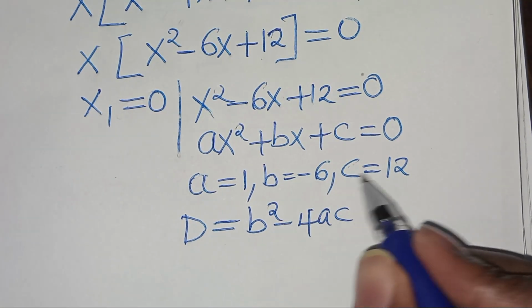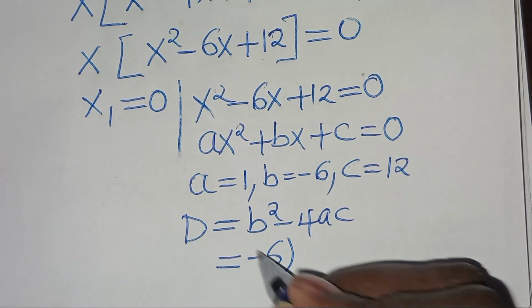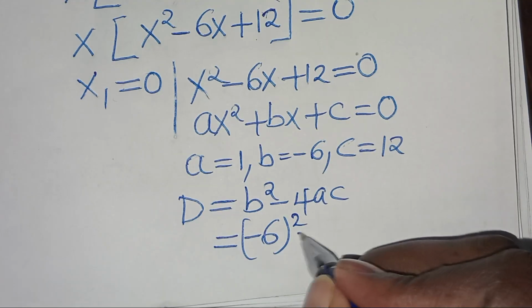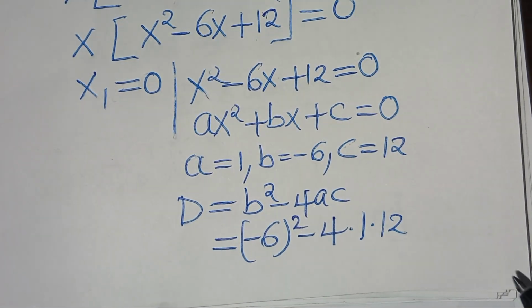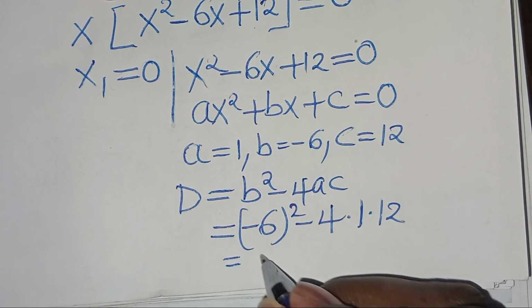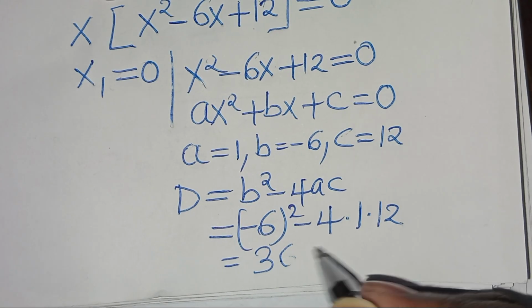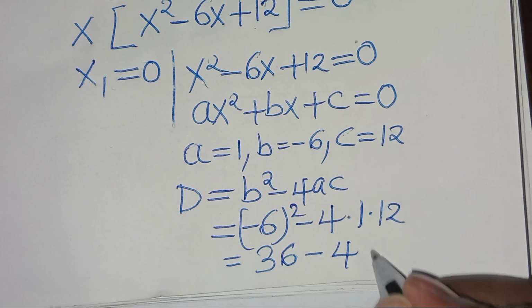Let's substitute the values of a, b, and c here. So we have (-6)^2, subtract 4 times a, which is 1, then times c, which is 12. So (-6)^2 is the same thing as 36, subtract 12 times 4, which is equal to 48.